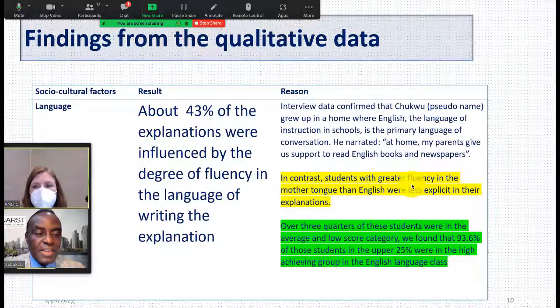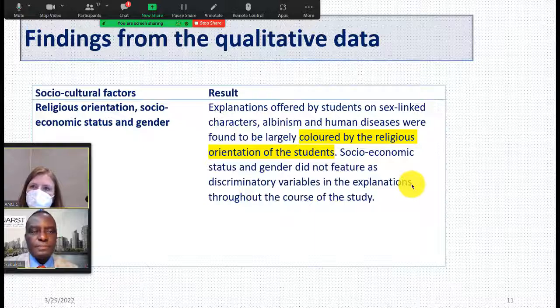So language is extremely important, and after being team leader and the chief examiner for biology for some of the examination bodies in Nigeria, I found that those students whose English competency is low have weak ability to do well in explanation components of these questions.